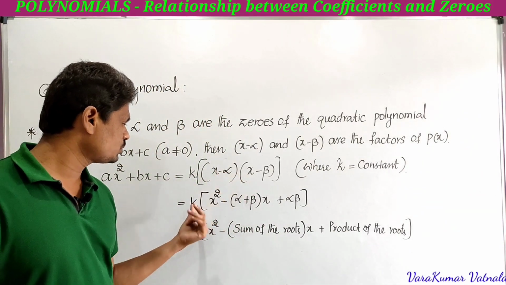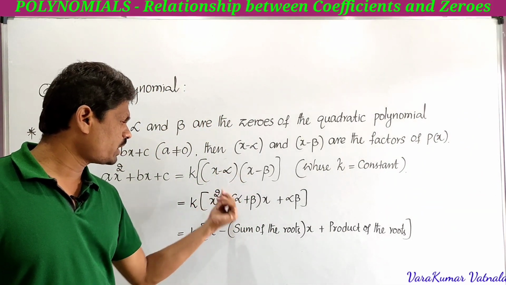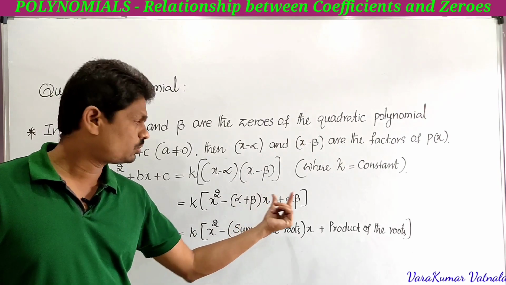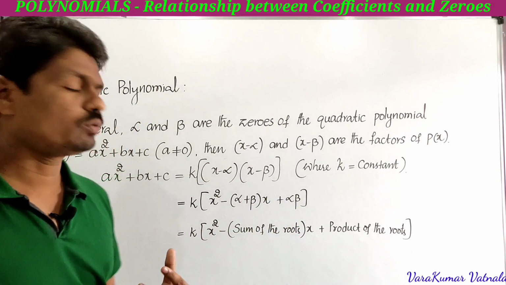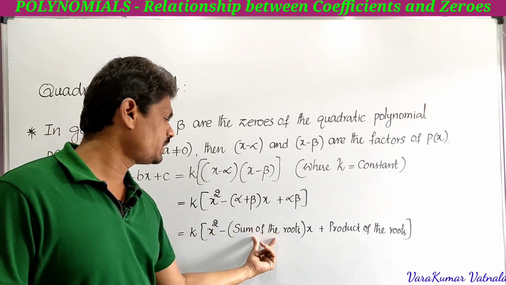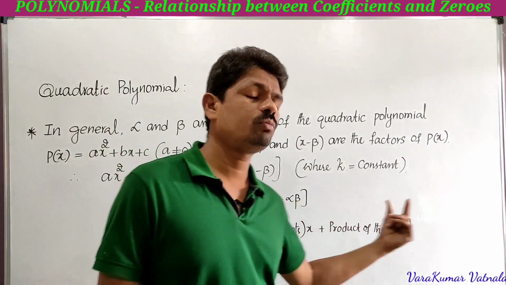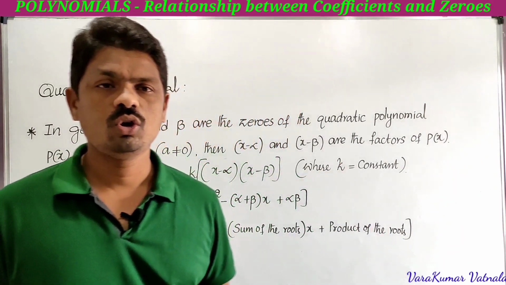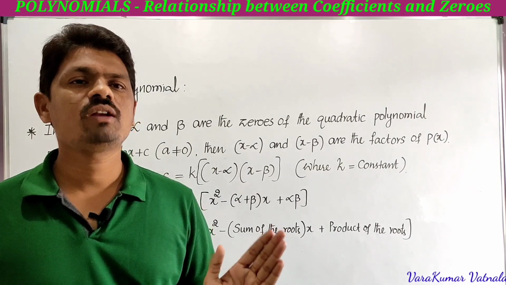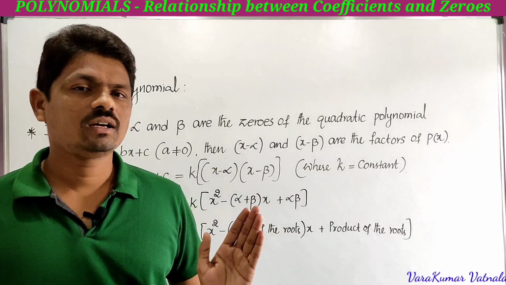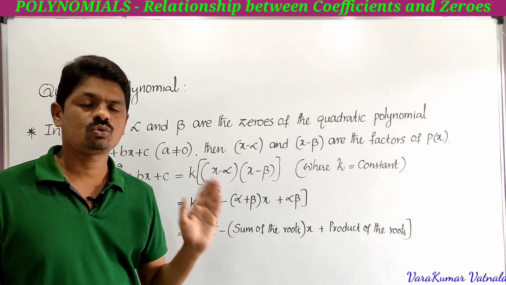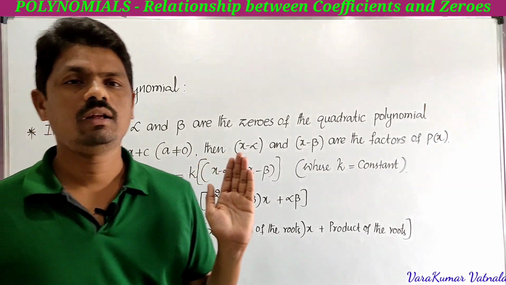If we multiply these two, we get k into x square minus (alpha plus beta) into x plus alpha into beta. Here alpha plus beta is the sum of the roots, alpha into beta is the product of the roots. So this is the relation between the coefficients and the zeros of the quadratic polynomial.